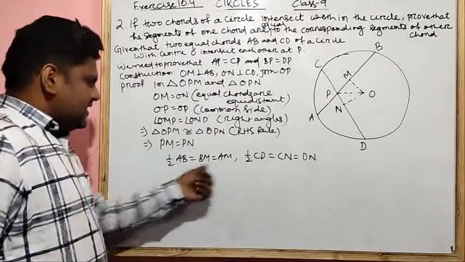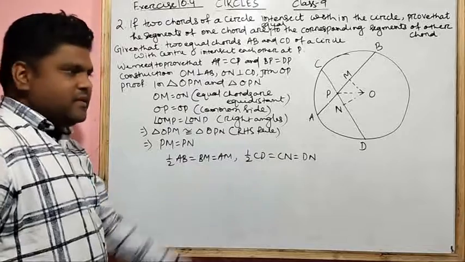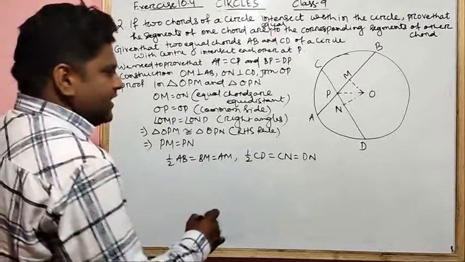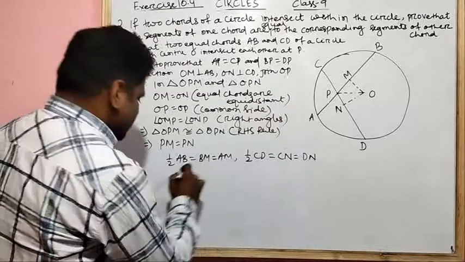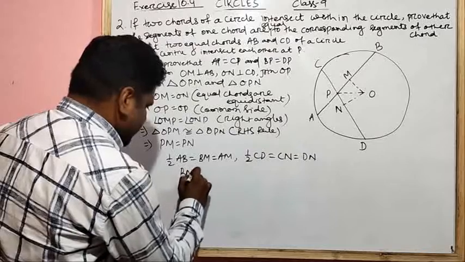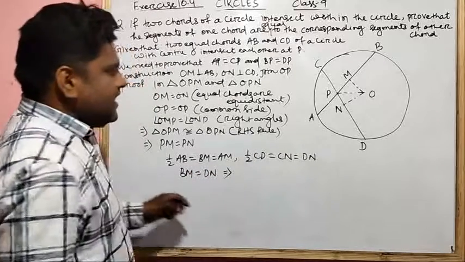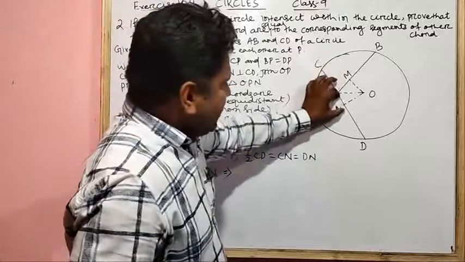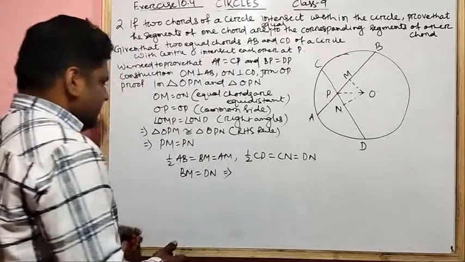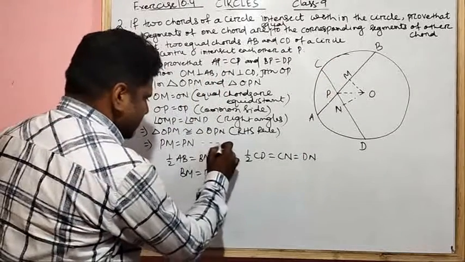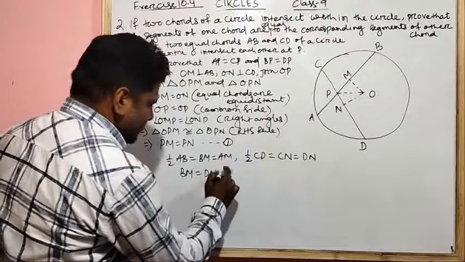AB and CD are equal, so half of AB and half of CD must be equal, so we can write BM equal to DN. This implies that, adding PM and PN on both sides, let it be equation 1 and let it be equation 2.